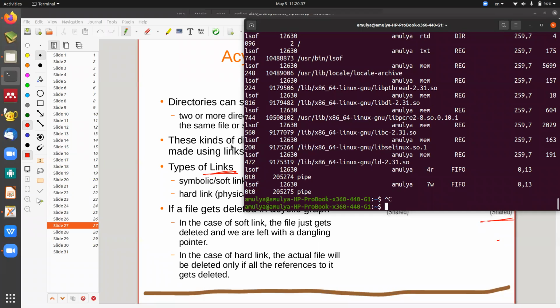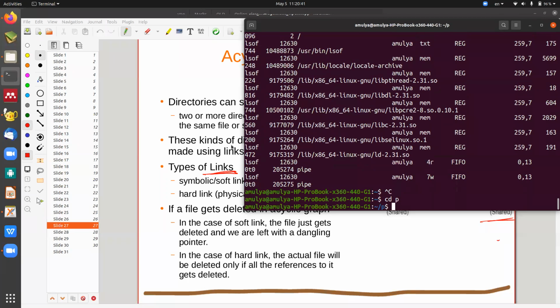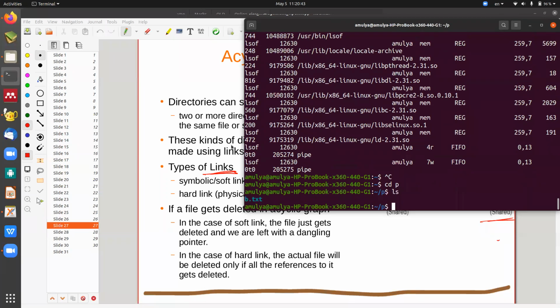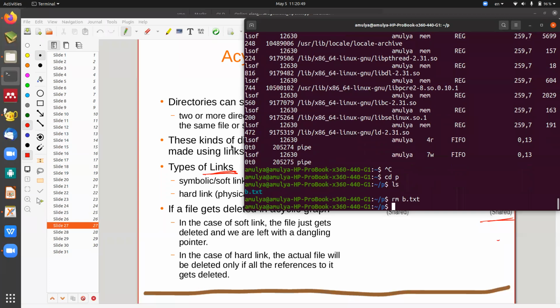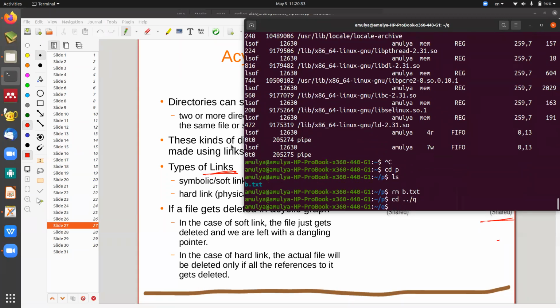So P and Q are already there. Let's take, I'll go to P. I'll run ls. So it is there, rmb.txt. Something may be there, and there is cd /q. Q is also there. Then rm star.